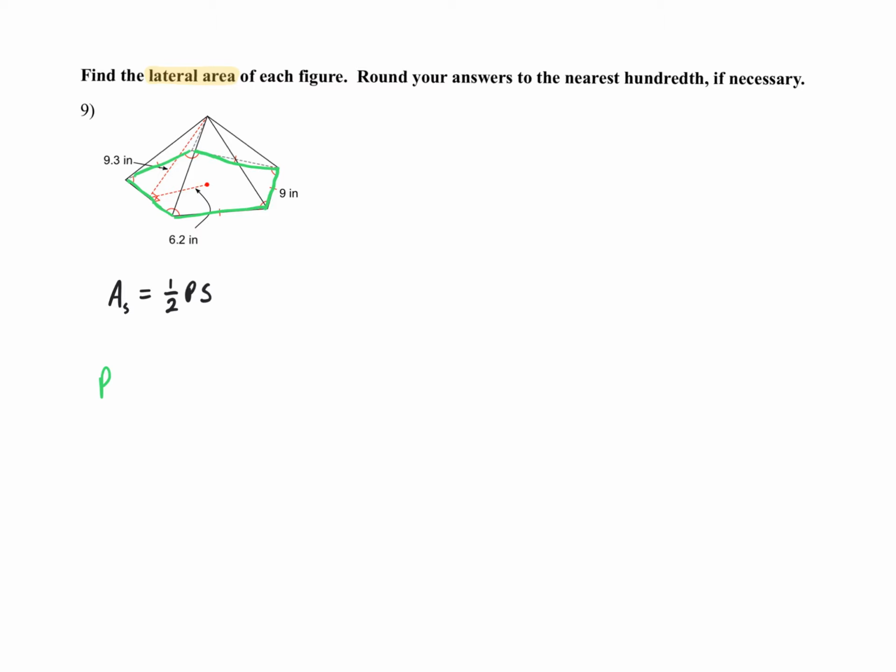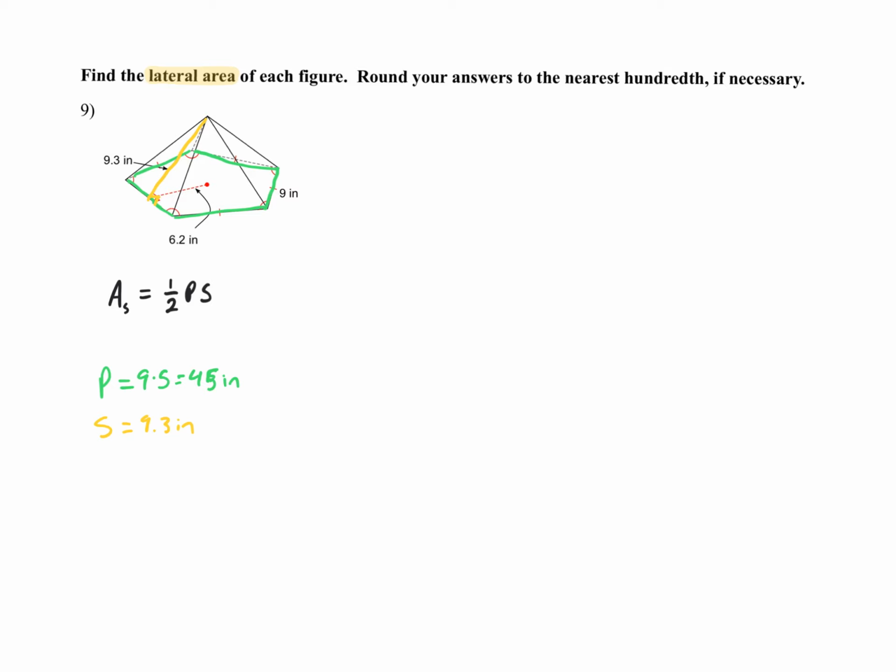Notice it says that all the sides are the same, as those little tick marks mean, and each one of those is 9. So I'm going to say it's going to be 9 times 5, which is 45 inches around the base. And the slant height is this length here. So the S is going to equal 9.3 inches.